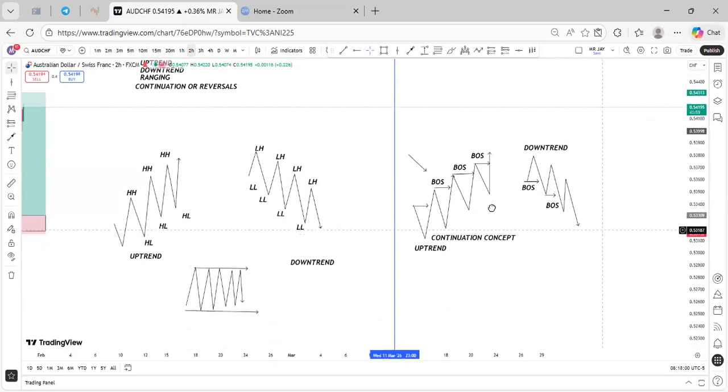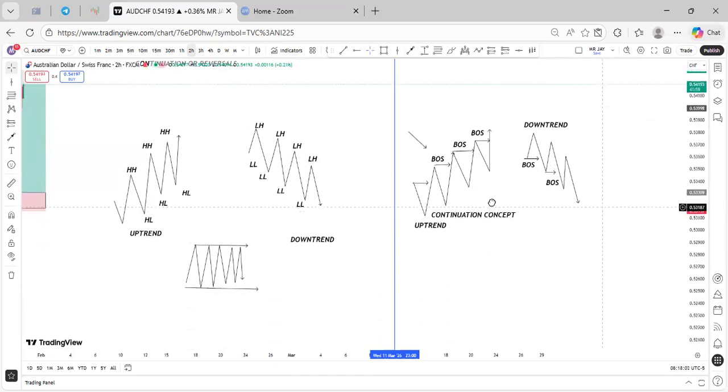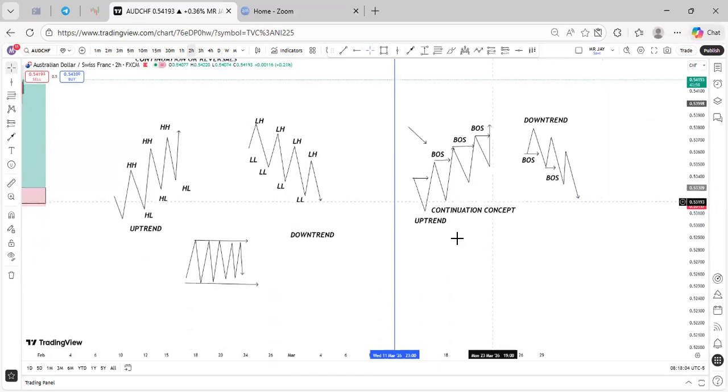So this being said, now we have been able to establish the fact that a continuation concept wants to see the market in a particular trend. As the name implies, continuation, that means the market is already in a particular trend and we want to follow that particular trend, right?